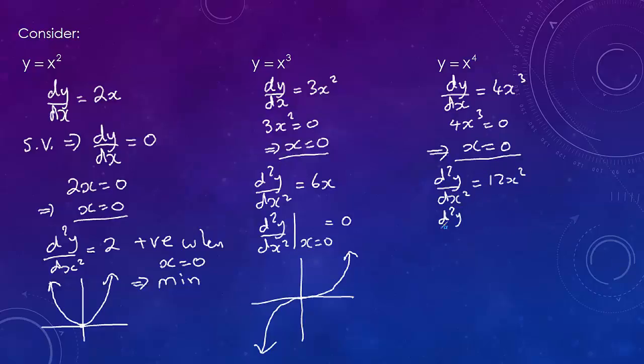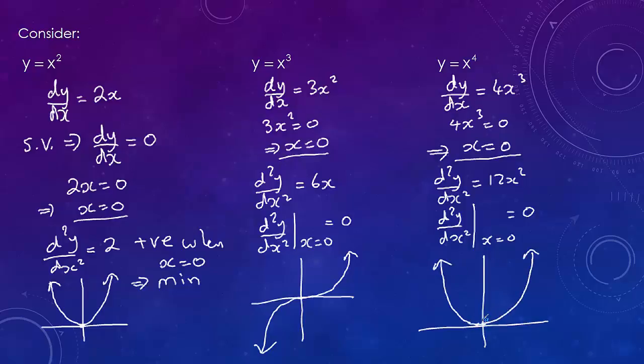And therefore the second derivative, evaluated when x is equal to 0, is 0. But if we draw y equals x to the 4, it's a similar sort of shape to x squared. It's not quite the same shape, it's not a parabola. It's much flatter at the bottom and much steeper up the sides here. But it has a minimum. So we have a second derivative being 0, but we have a minimum.